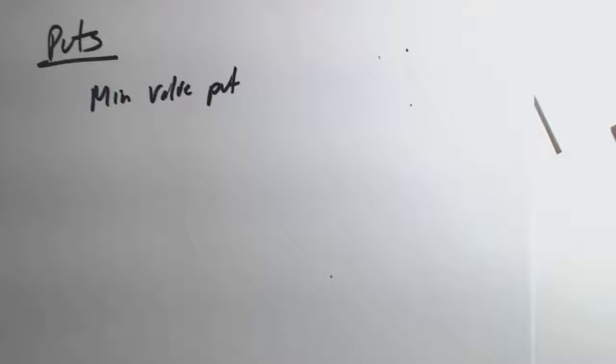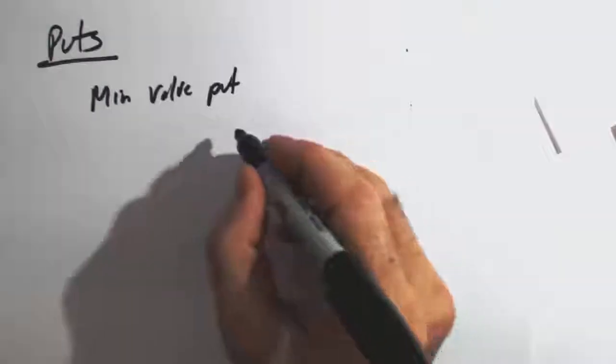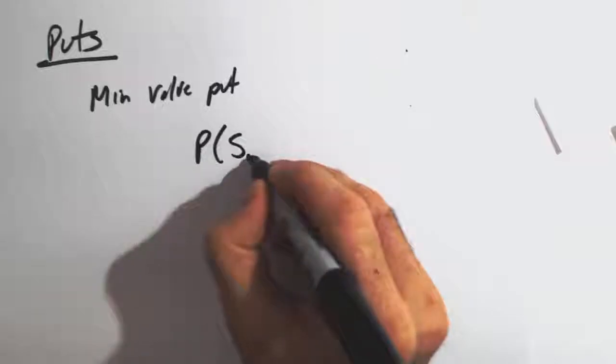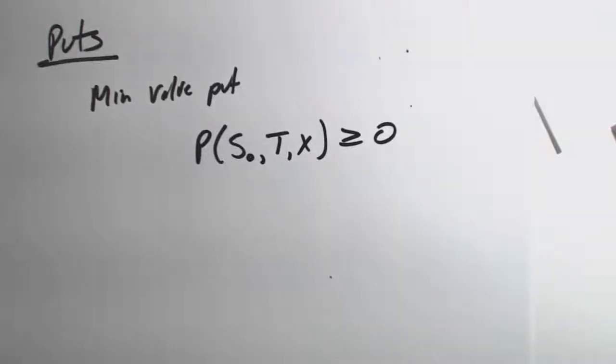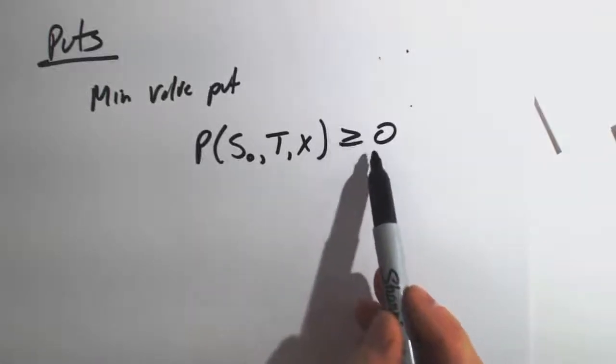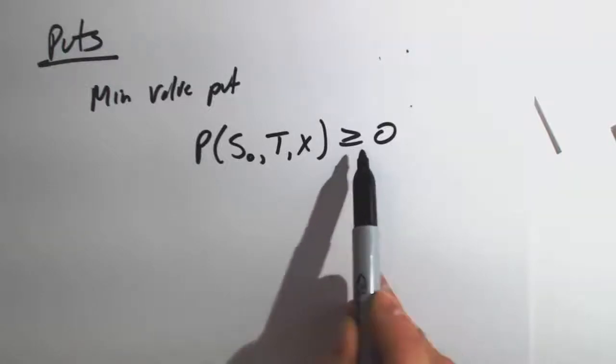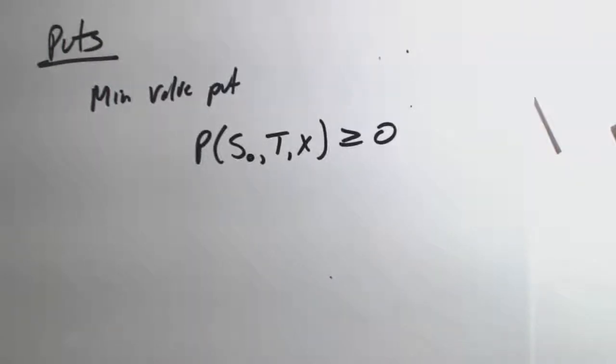So from that perspective, that optionality idea means that since you're not forced to do anything, if the option is out of the money because the stock is above the strike, then you're not going to exercise it. The payoff is zero. So the put has to have a value, and we'll denote that value similar to calls. It has to be greater than or equal to zero. If it's in the money, it's greater than. If it's out of the money or at the money, you invoke that little half and equal sign. Okay, so that's the minimum or lower bound on the put.